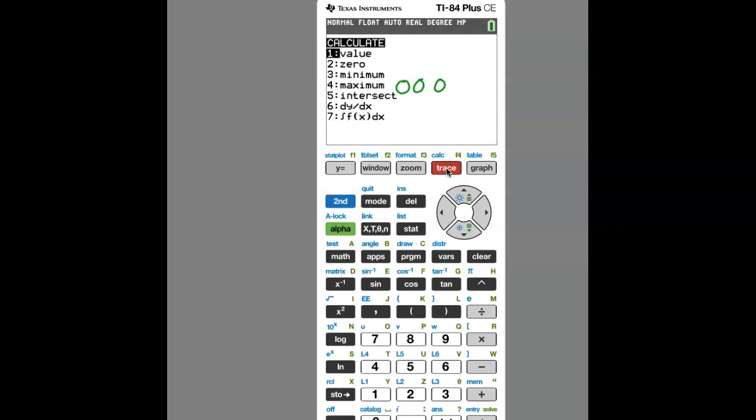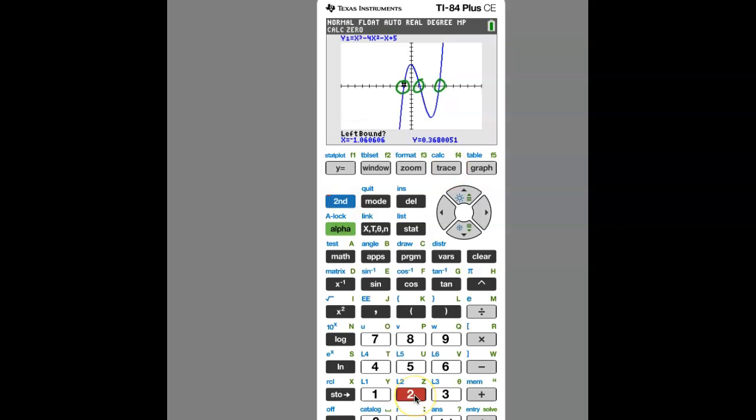Let's do this again. Second trace, option 2. We're going to arrow over. This time to the left of where I cross is actually above the x-axis. And then I keep arrowing to the right and lock it into the right of where I cross the x-axis. And then bypass my guess step. My 0 is 1.163.